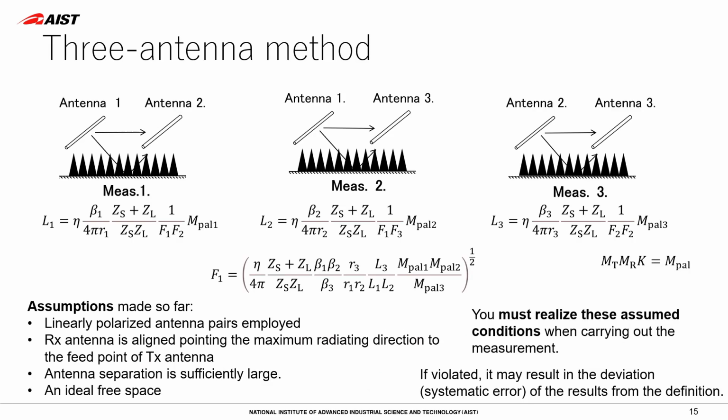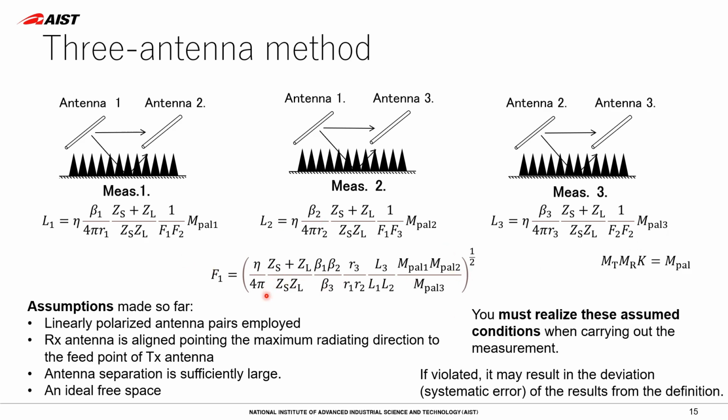In the last slide, we got the relationship between L and the antenna factors for an antenna pair. Now three antennas are employed and three different antenna pairs are made. By carrying out site insertion loss measurement for each antenna pair, we have three equations. After a bit of boring manipulation, the antenna factor of antenna 1 is obtained as shown here.